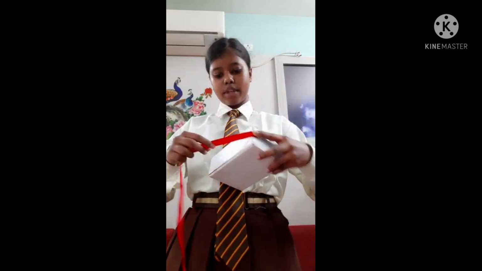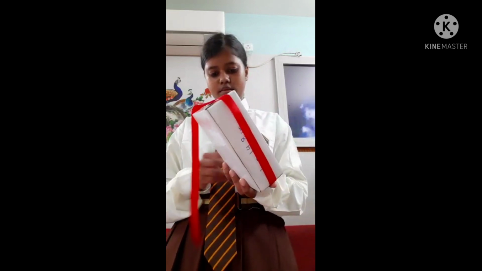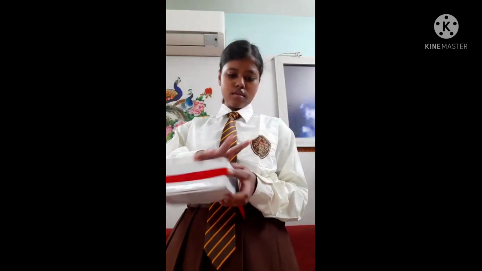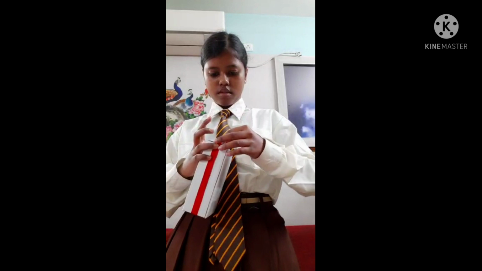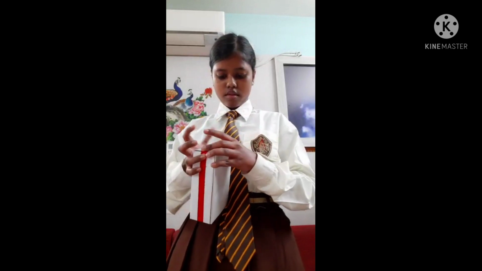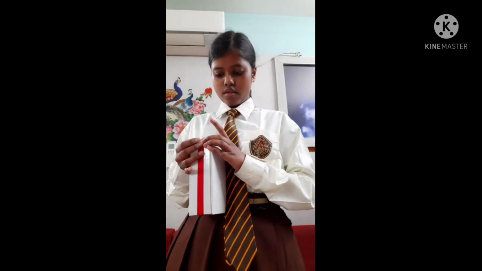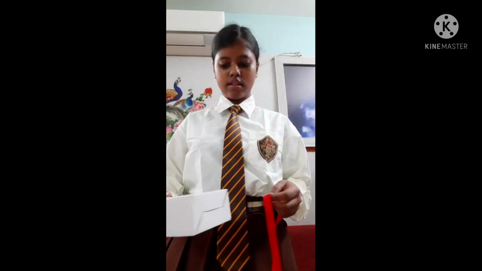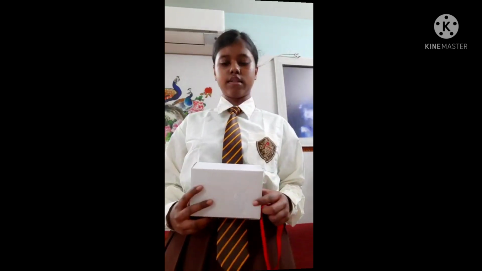And now I'll be wrapping it around this box. So as you can see, the ribbon perfectly fits as it is the same as the perimeter of this box.